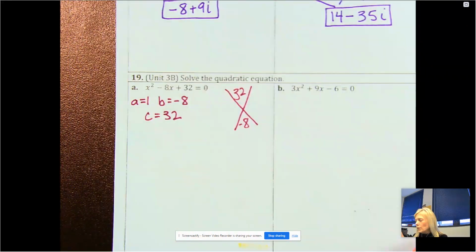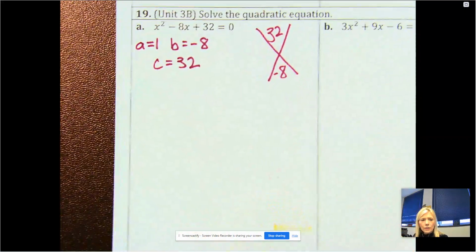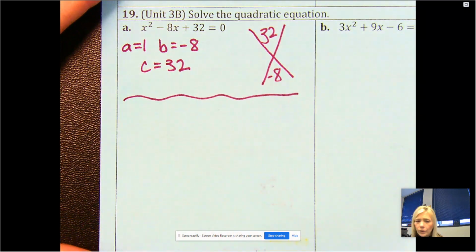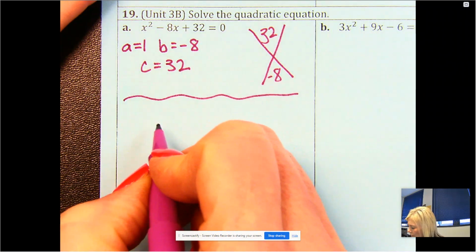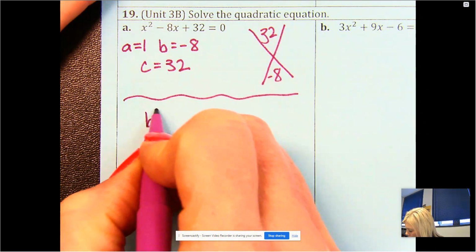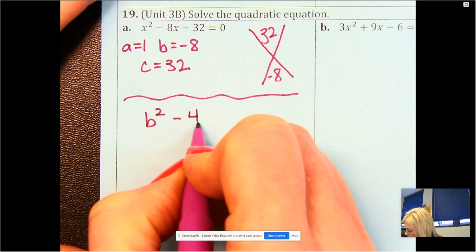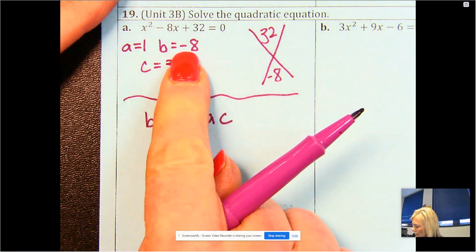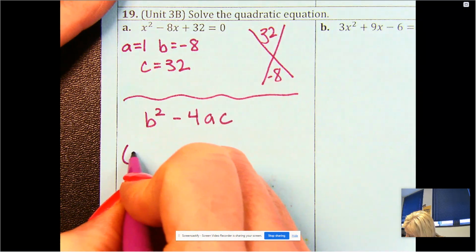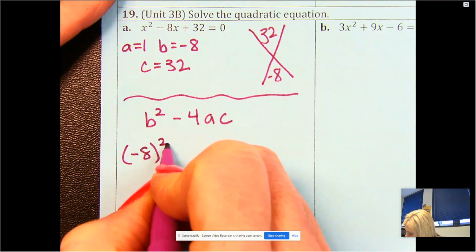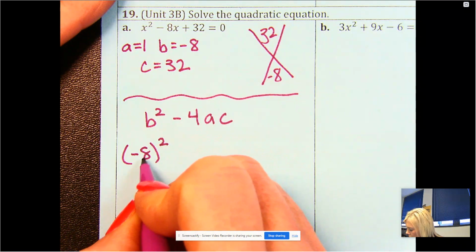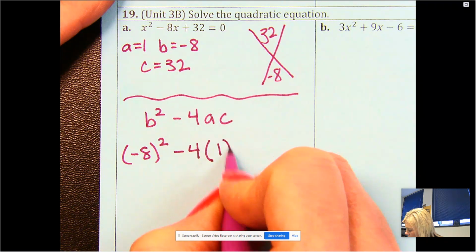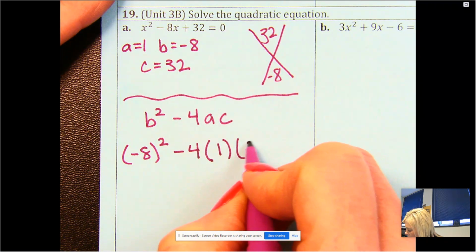Okay. So in using the quadratic formula, I tried to simplify it for you. Instead of doing the entire formula at one time, I said, calculate b squared minus 4ac first. Okay. So our b is -8. Remember, we absolutely need those parentheses. So (-8) squared minus 4 times a, which is 1, times c, which is 32.